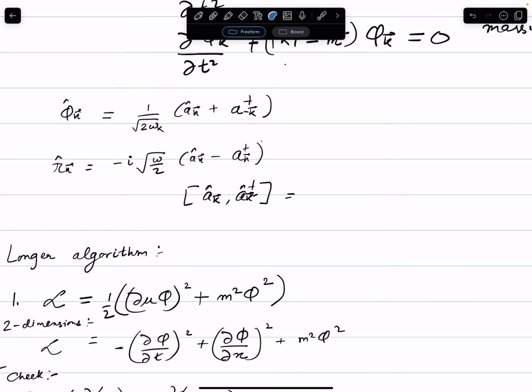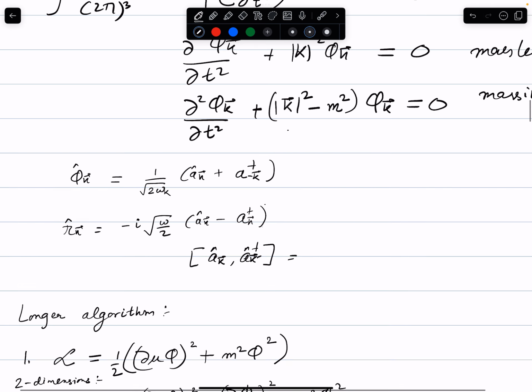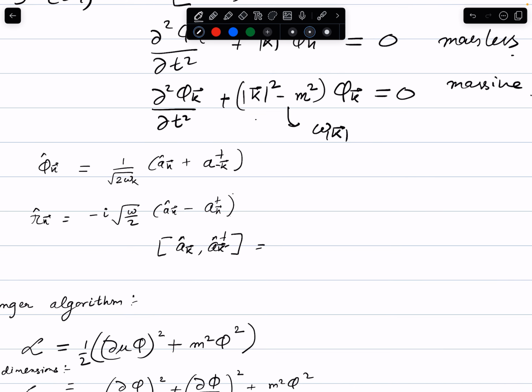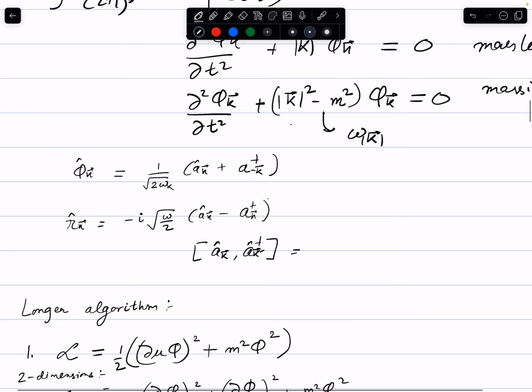So we see that each individual mode in this φ_k field also satisfies, just like the string satisfies, a harmonic oscillator equation where this is your ω_k, the harmonic oscillator frequency, and it varies from one mode to the other. So for different modes there is different frequency. Again, just like the case of the string. Each of them satisfies the harmonic oscillator equation.